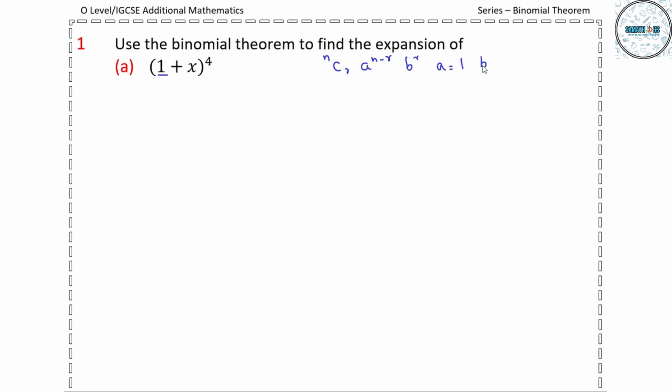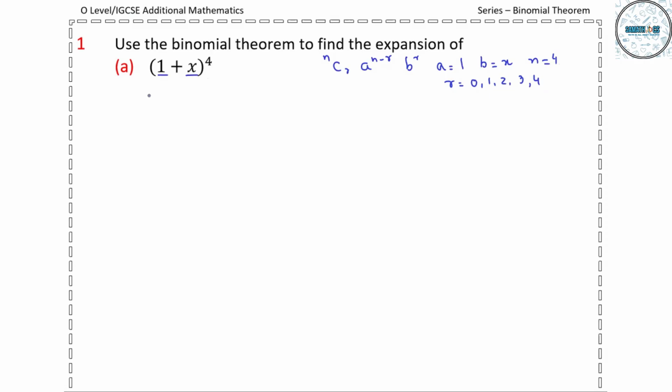The value of b is x, the second term. n is 4. And r values will be 0, 1, 2, 3, 4.